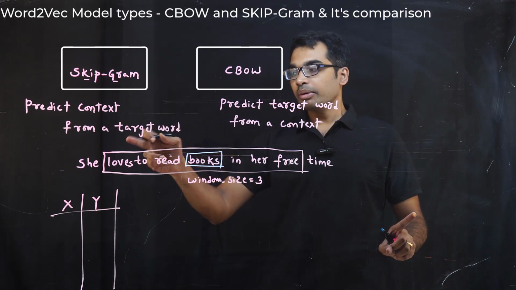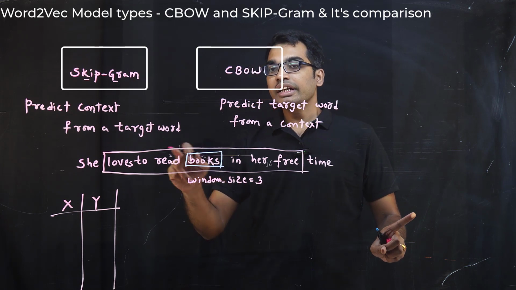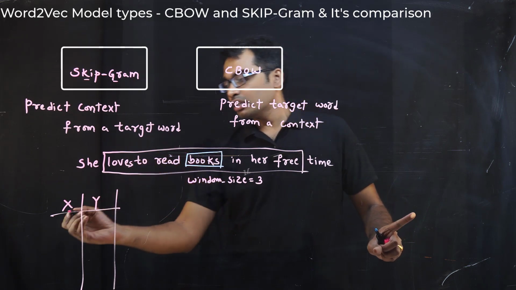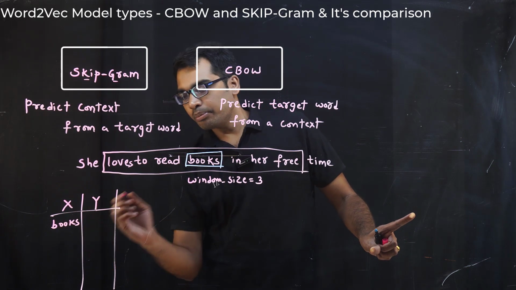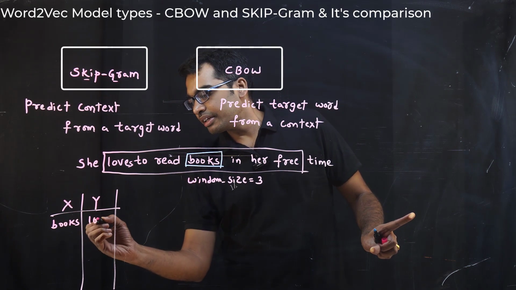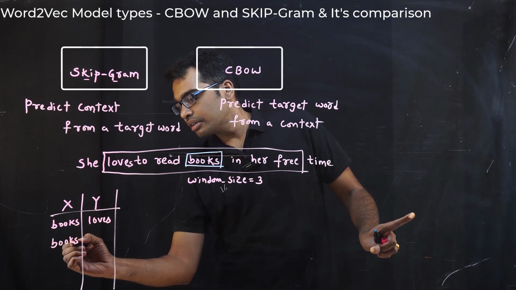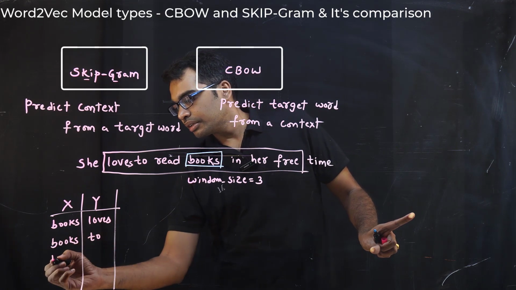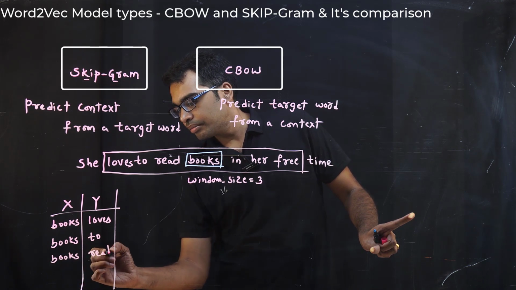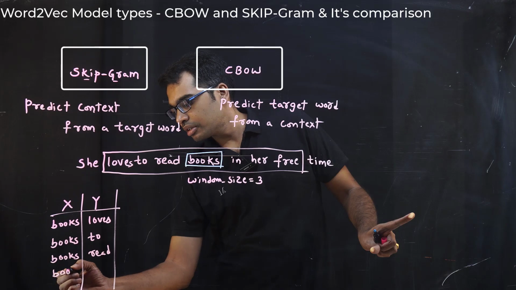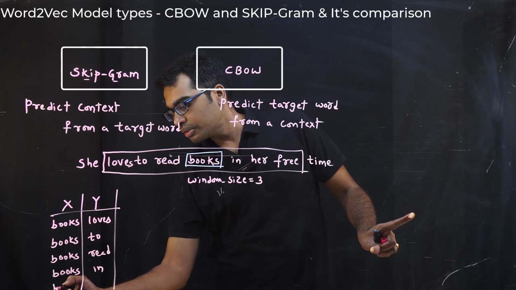So the independent variable is books every time, and y is loves; similarly books, to; books, read; books, in; and so on.